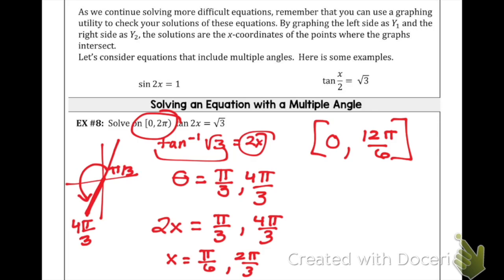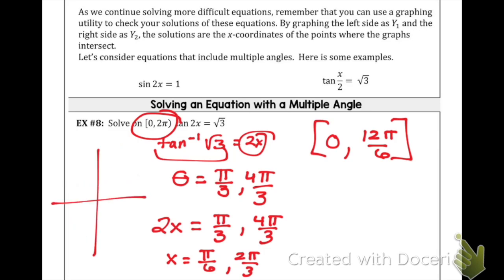So now we have to think about what would be the equivalent of pi over 6. Let's go over to this unit circle. If pi over 6 is here, what would have the same slope, the same terminal ray? Well, that would be 7 pi over 6. And then what would have the same slope as 2/3 of a pi?